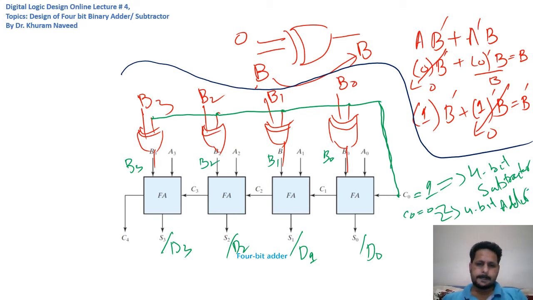And in case of subtraction, don't forget to discard this particular carry, right? So this is how we can design a 4-bit binary adder subtractor.